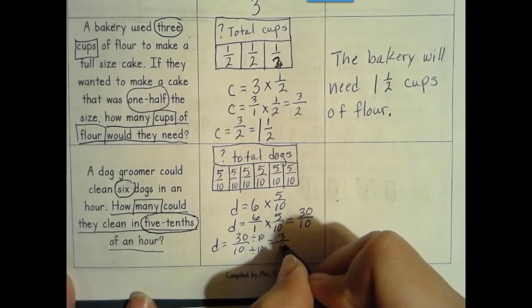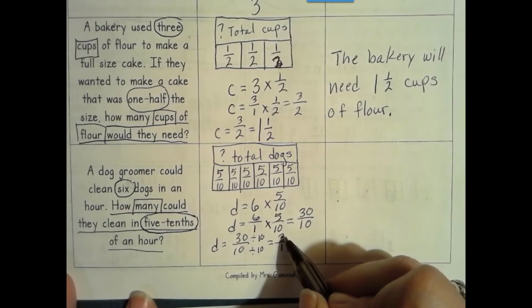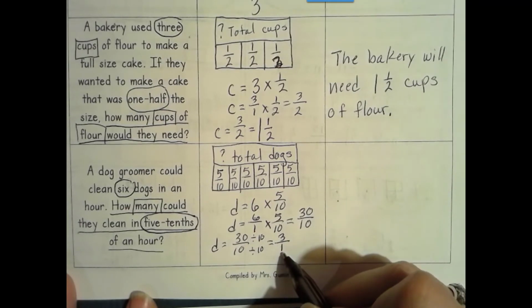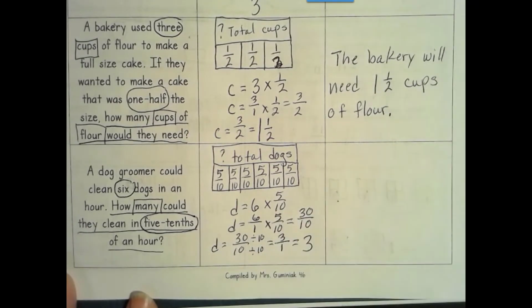They have a common factor. And then 30 divided by 10 is 3. 3 whole dogs can be washed in 5/10 of an hour, because 5/10 is half. So half the hour, half the dogs.